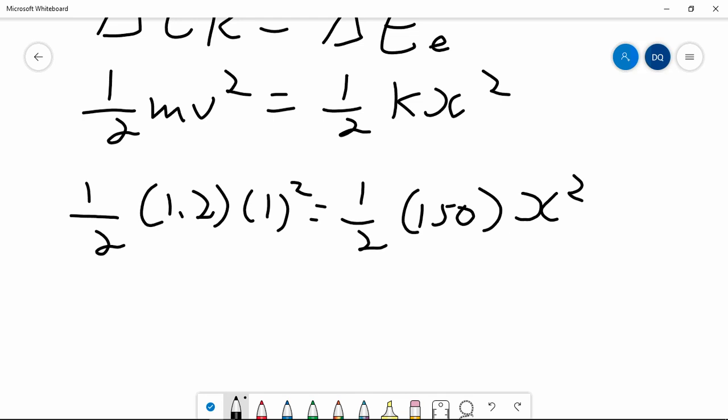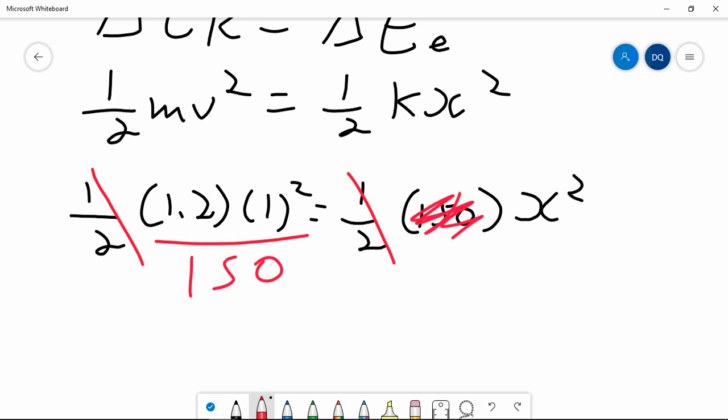So we can cancel out the halves. We can divide out the 150, and then we can square root both sides and we'll find x.